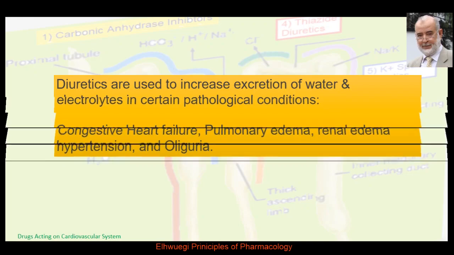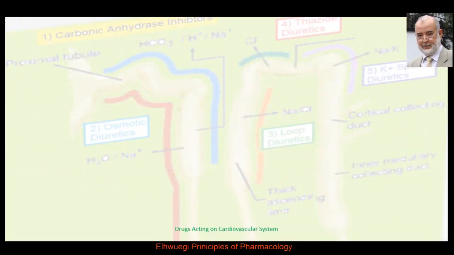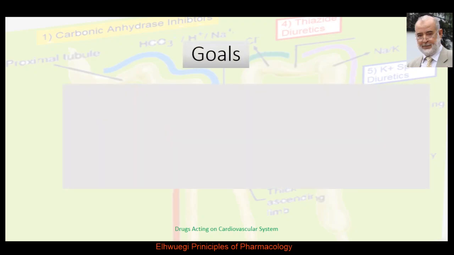So what are the main goals of today's presentation? It will be a slightly long presentation because we will talk about all indications of diuretics and side effects as well. So today, inshallah, we'll talk about the physiology of the nephron, to make a quick revision.